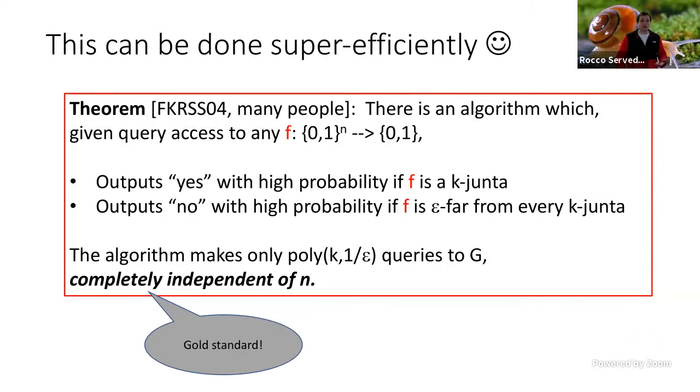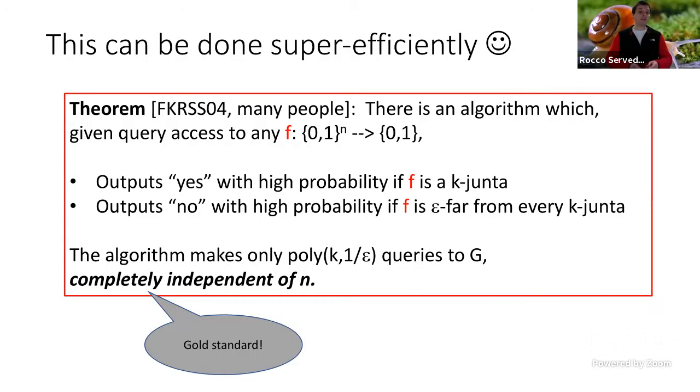So as probably most of us know, there are some notable successes in this area of Boolean function property testing. This was one of the early and very influential results by Fischer, Kindler, Ron, Safra, and Samorodnitsky, and there have been many refinements by Eric and other people over the years saying that, hey, we actually have, perhaps surprisingly, really efficient algorithms for this problem of testing whether an n-variable Boolean function is actually a k-junta or not.